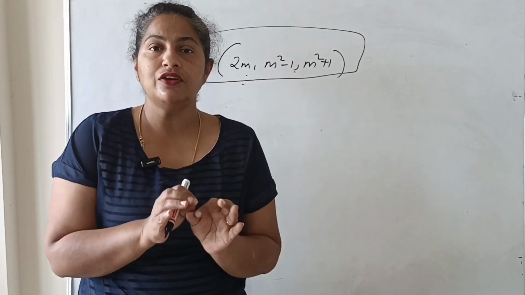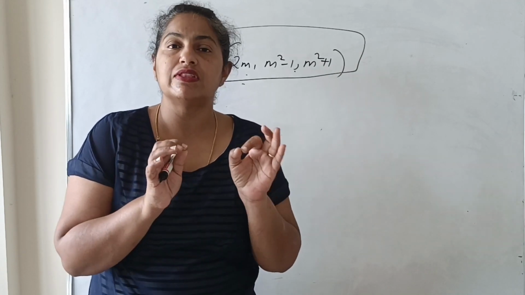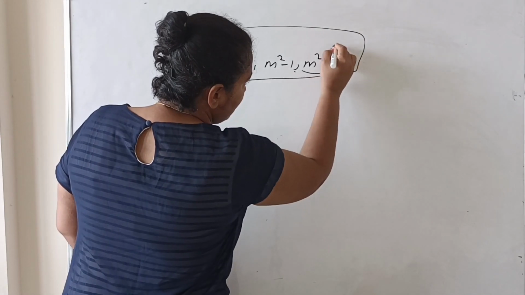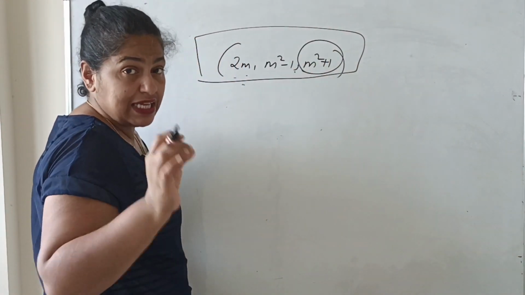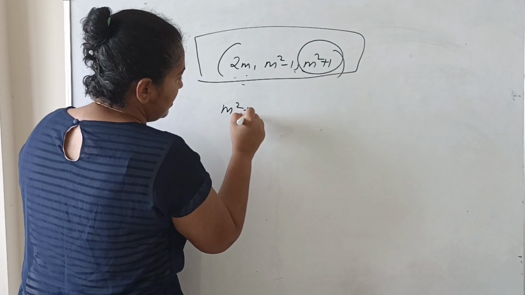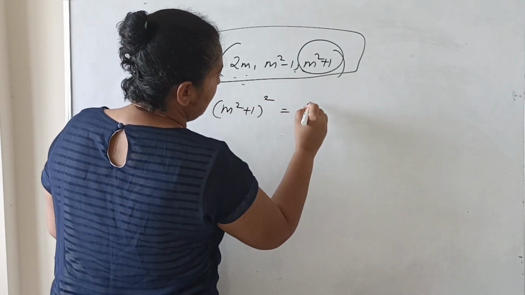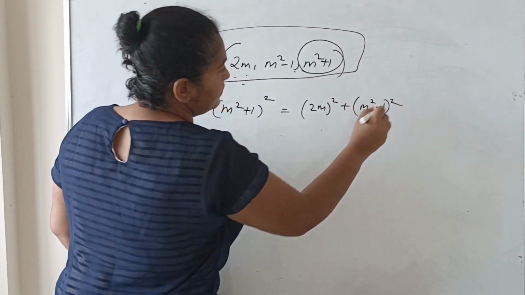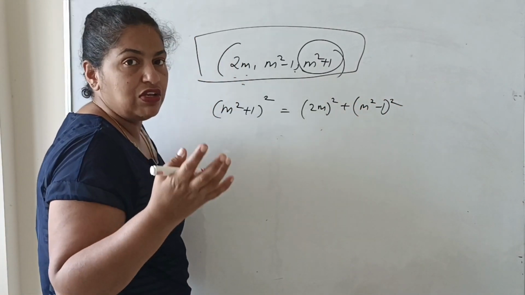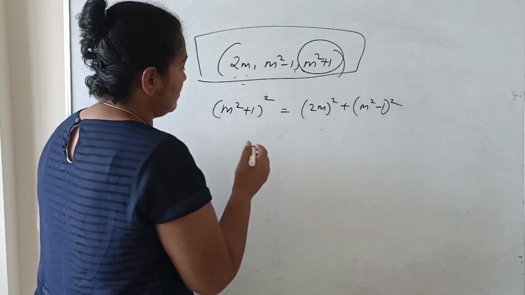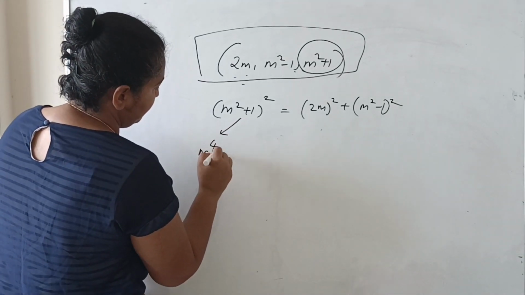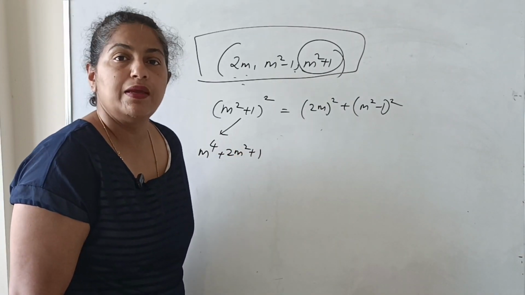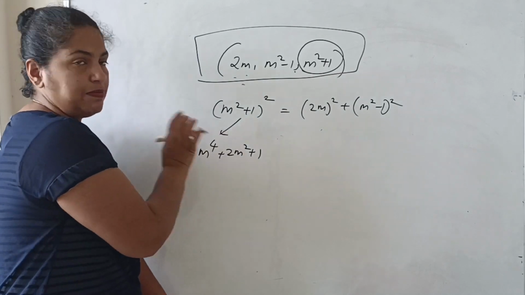Since I have told you the general notation for a Pythagorean triplet, let us see whether it is actually satisfying the Pythagoras theorem. In this Pythagorean triplet, this has to be the largest number. So this should be the hypotenuse. I need to show that m square plus 1 the whole square is equal to base square plus altitude square. Now let us see what are the values we are getting for LHS as well as for RHS. My LHS becomes, I am opening the brackets using a plus b the whole square, a square plus 2ab plus b square.